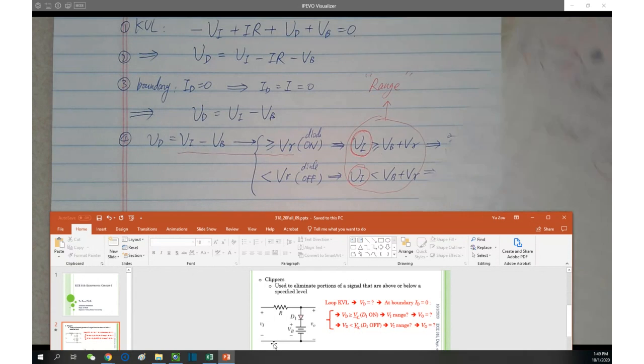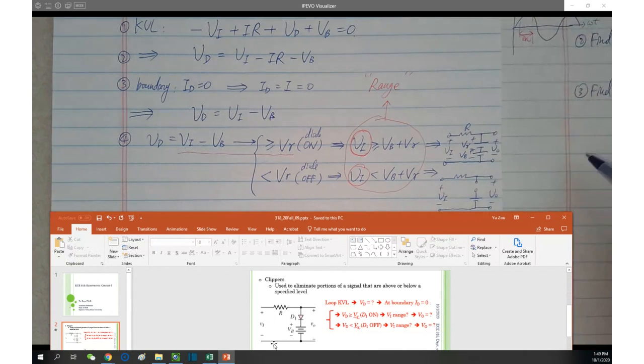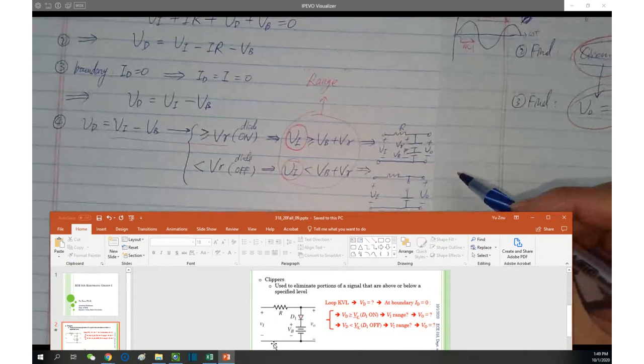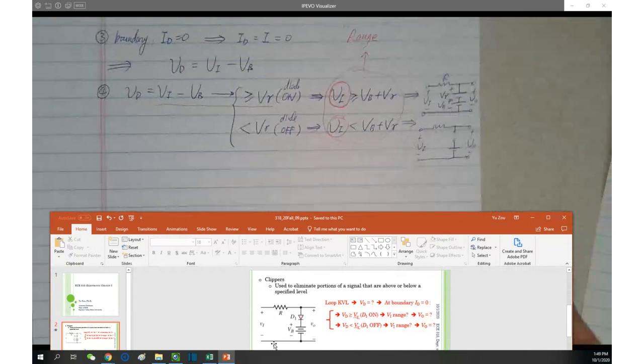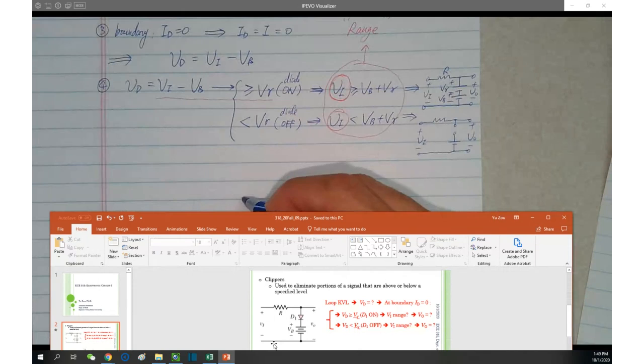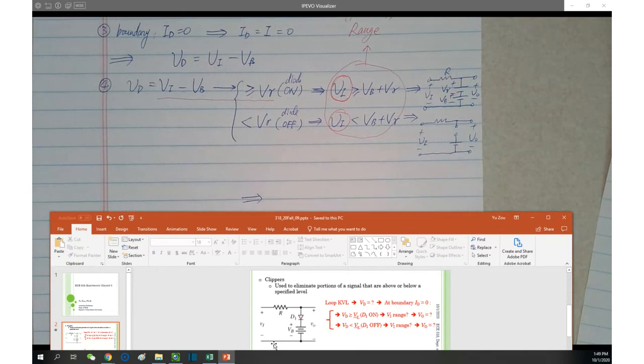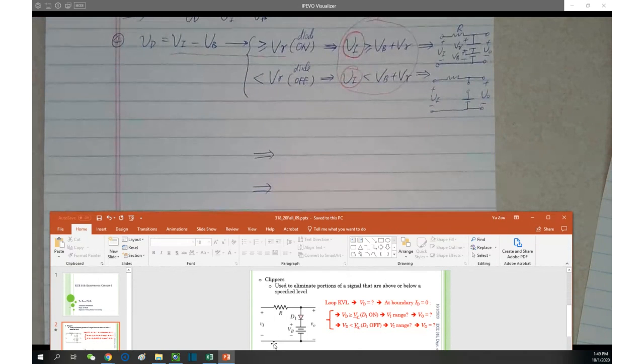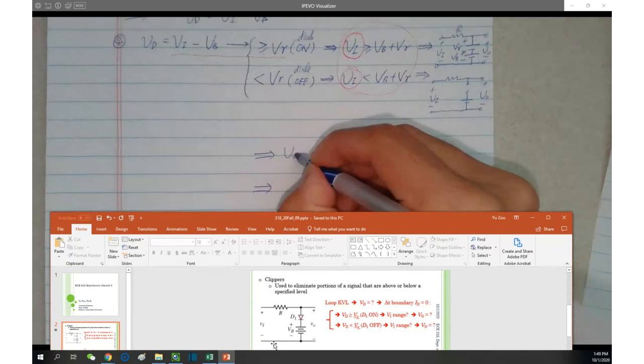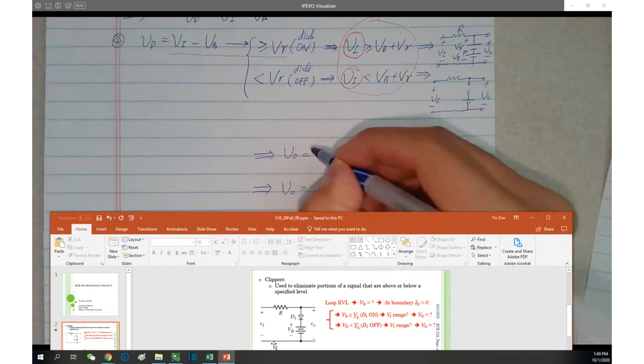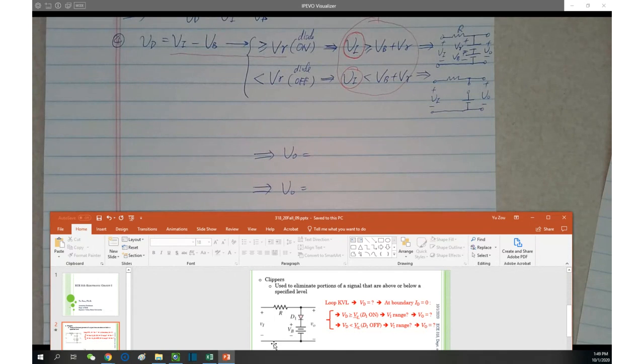Extending my notes, I'm going to extend from here, also two parallel lines. What is the next? The last thing, which is V naught.